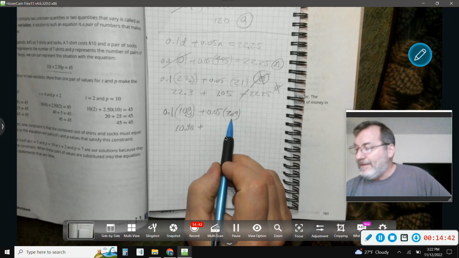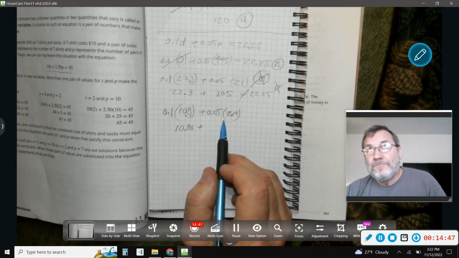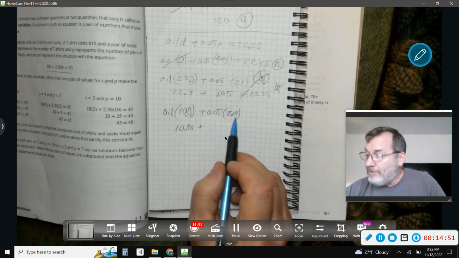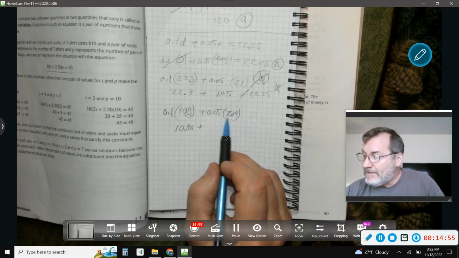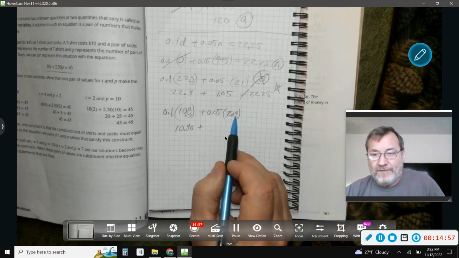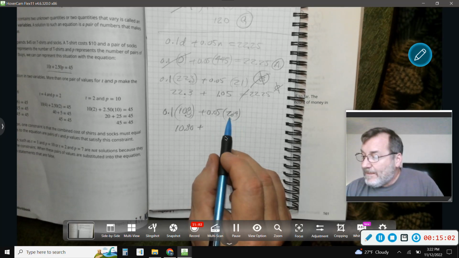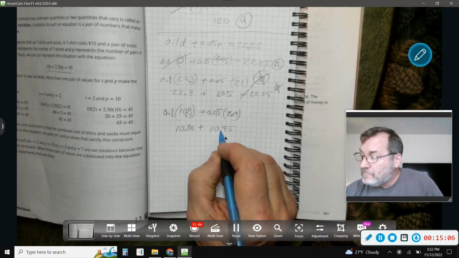How many nickels do I got? Well, if I got 209 nickels, and 20 makes $1, then 200 will make $10. So that's $10, and then you have 9 nickels left over. Well, what's 9 nickels worth? 45 cents. So that's going to be $10.45.